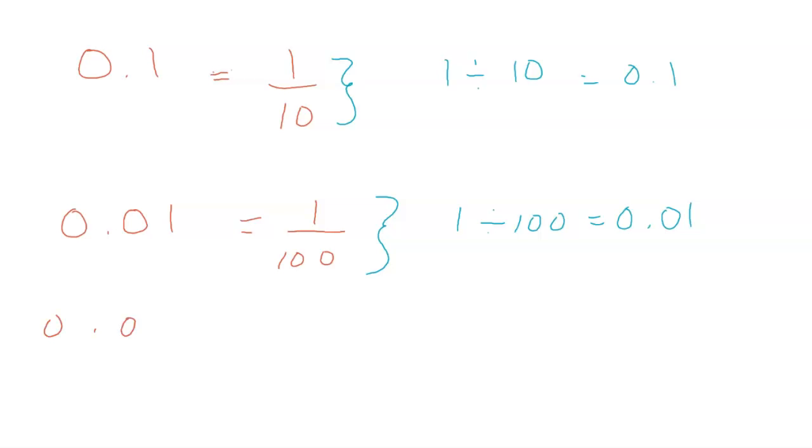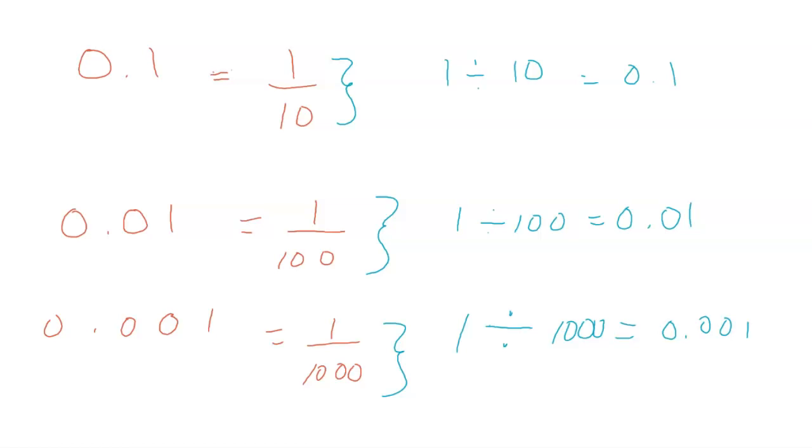0.001 I know is 1 out of 1,000, and that again comes from the division: 1 divided by 1,000 gives me 0.001. Another way to think about this is to look at the number of decimal places.